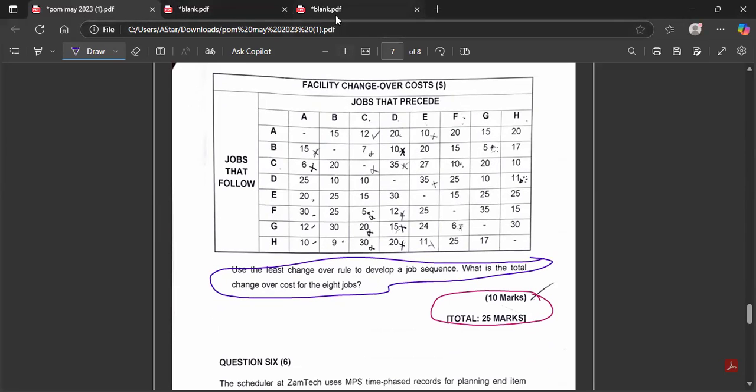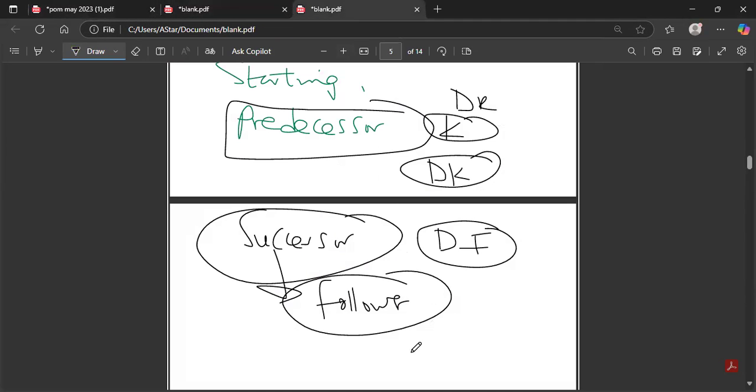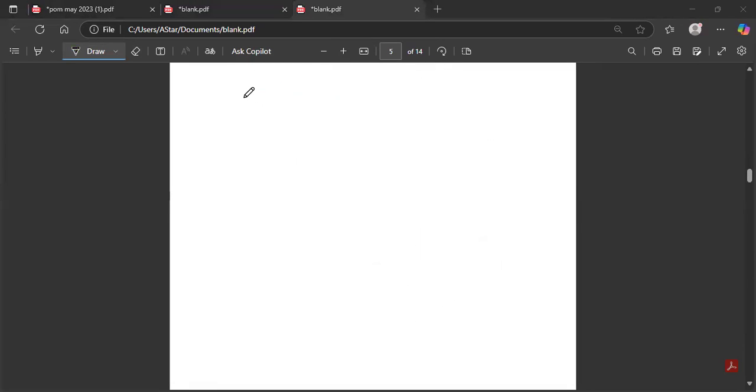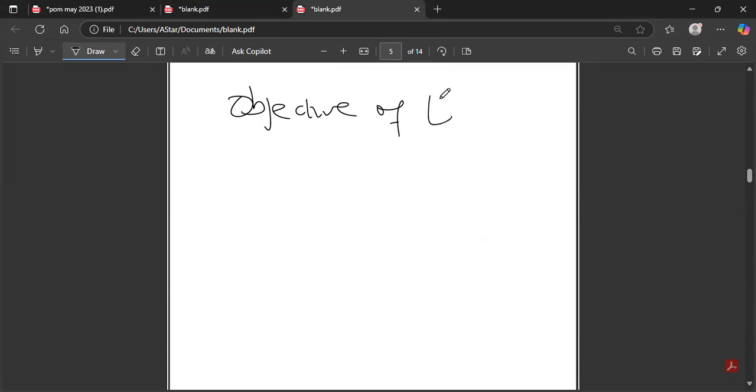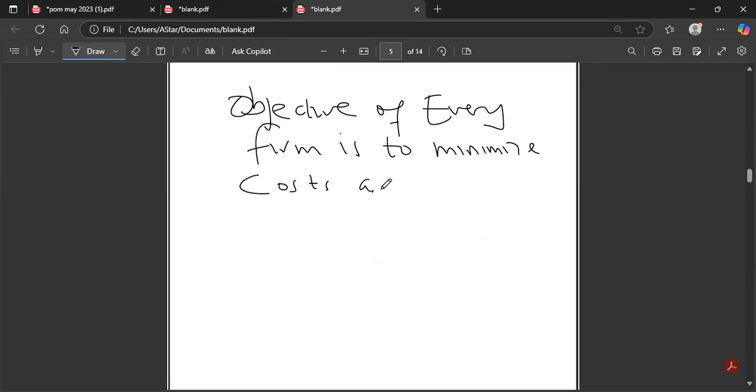Thank you very much for assisting us by reading the question. Now, the objective of every firm is to minimize costs and maximize returns, or profits. Are we safe?